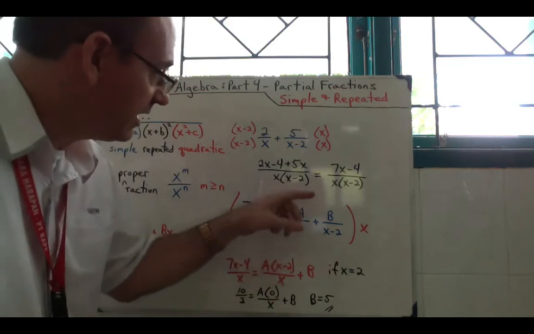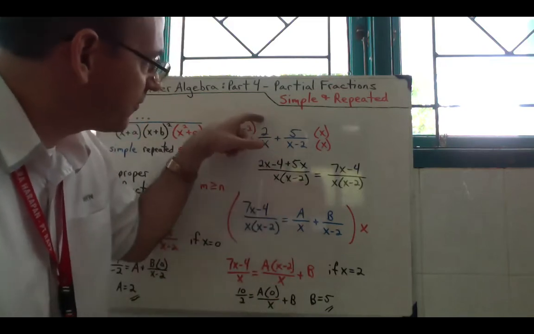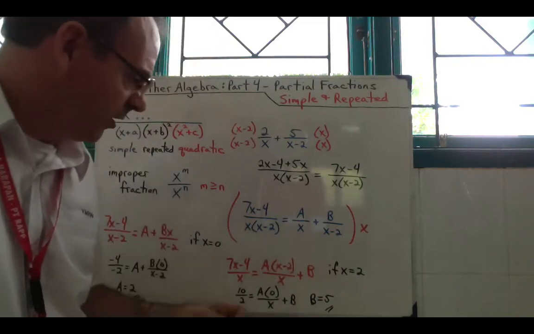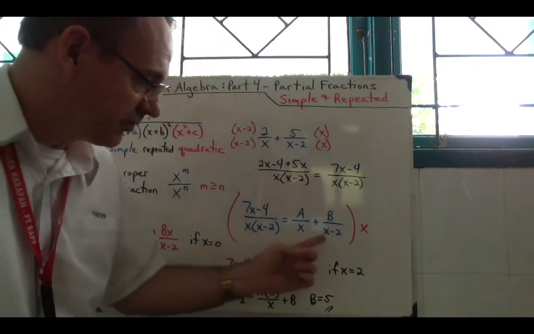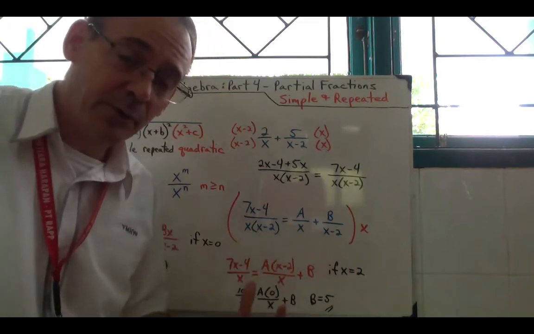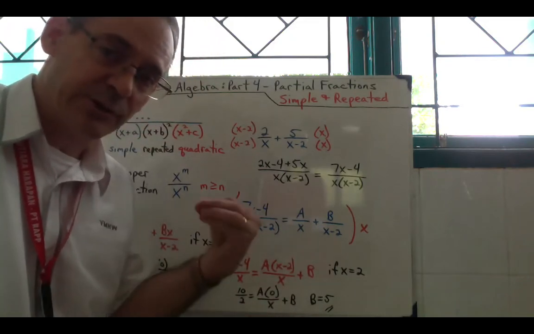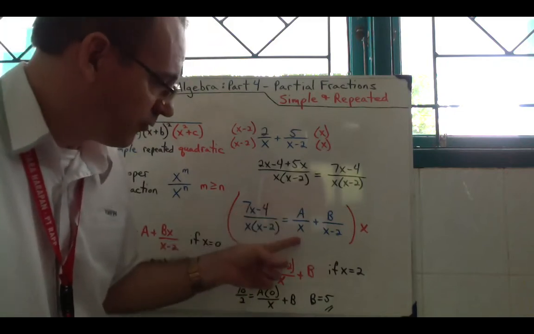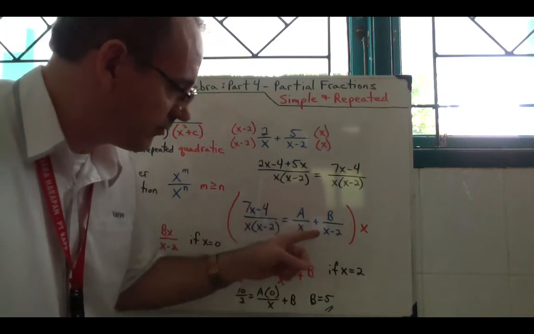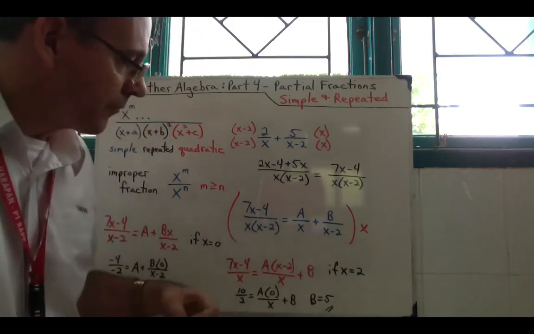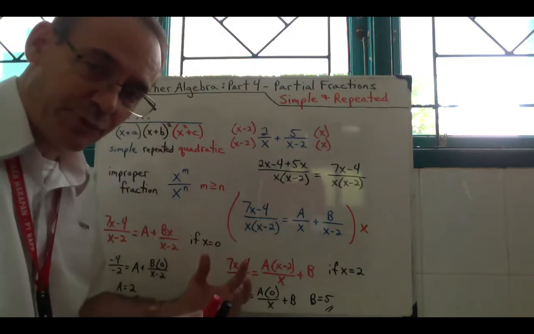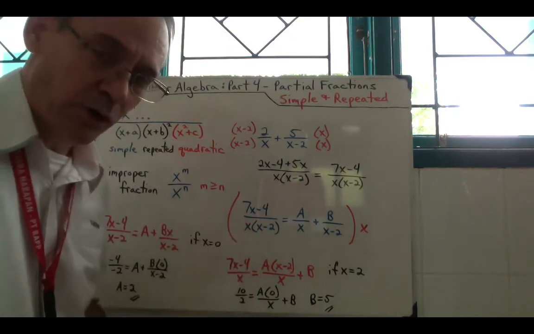And you also need a variable for these unknown values in the numerator. We know what the denominators could be, but we don't know what the numerators are, so we represent them with variables. So we're going to have an a over x plus b over x minus 2.